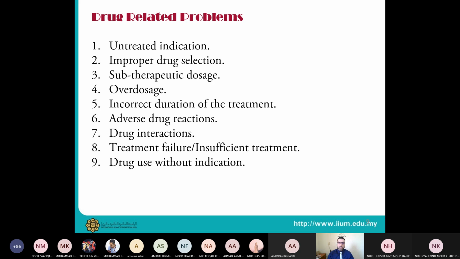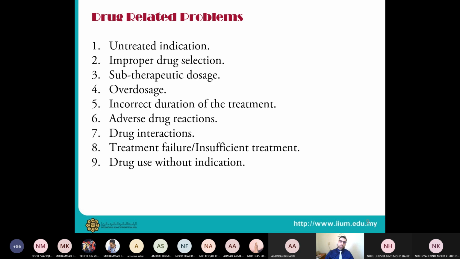In fact, there are several classifications of PCIs or DRPs, and it's also controversial whether we can use the same terms for the same meaning. In general, they say PCI is a wider term and an umbrella for any problem with the patient. Drug-related problems are part of pharmaceutical care issues.